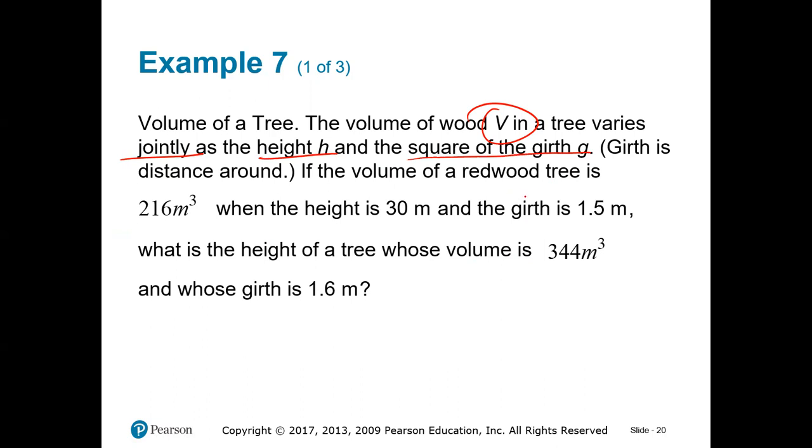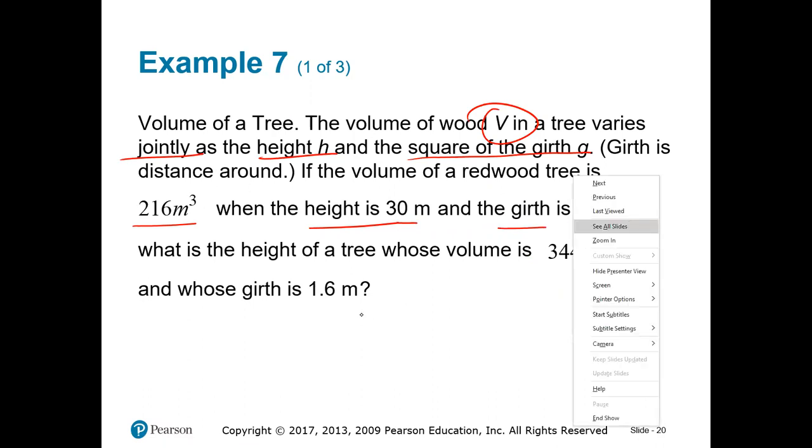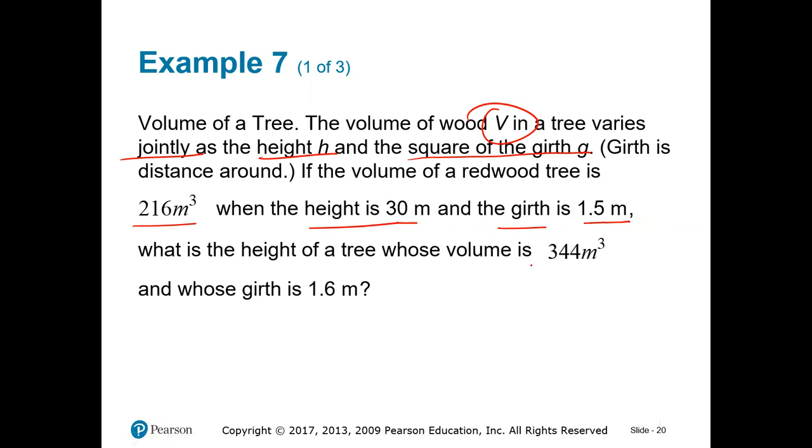If the volume of the redwood tree is 216 meters cubed, when the height is 30 meters and the girth is 1.5 meters, what is the height of the tree whose volume is 344 meters cubed and whose girth is 1.6 meters?